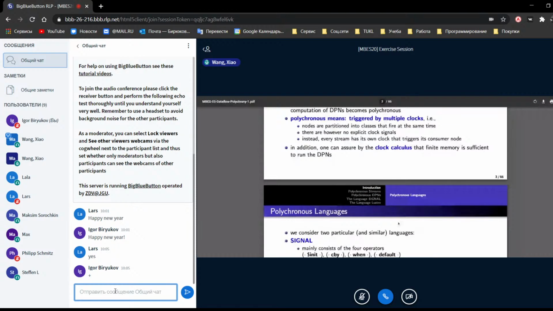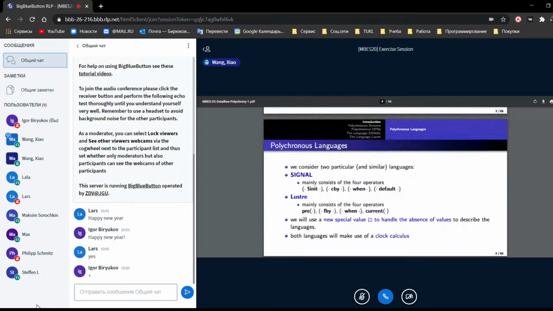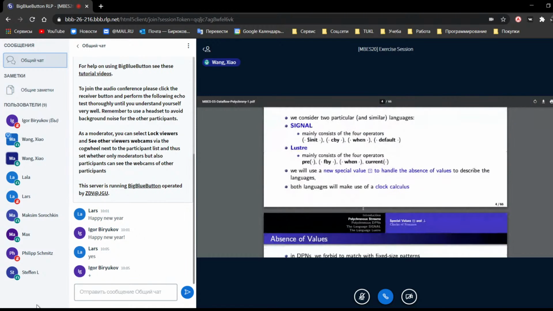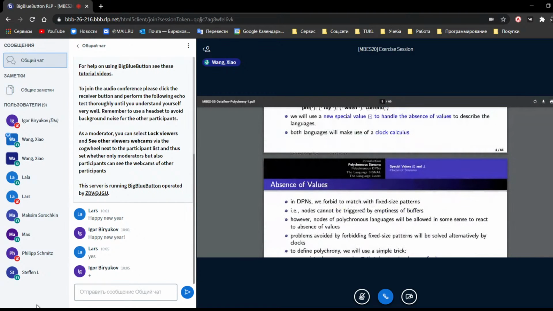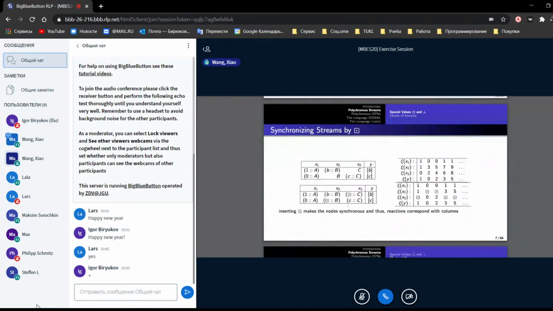So we have some nodes for the two languages. Init and continued by, and default are for Signal, and for Lustre, it's another set of nodes. Let's first look at what characteristics they have.